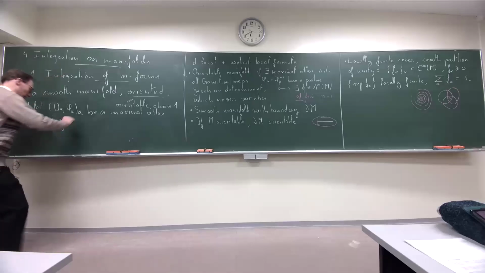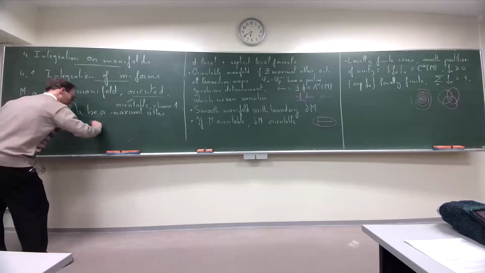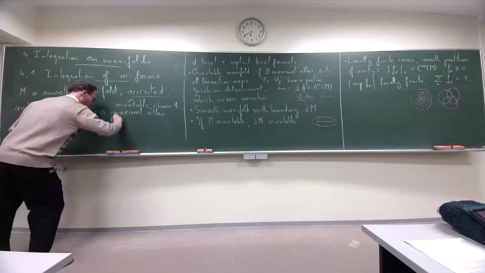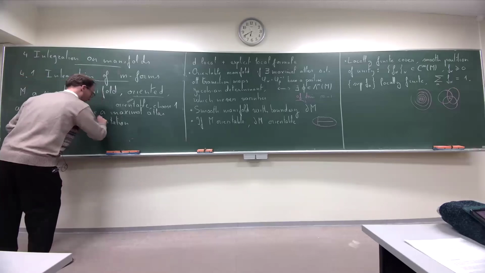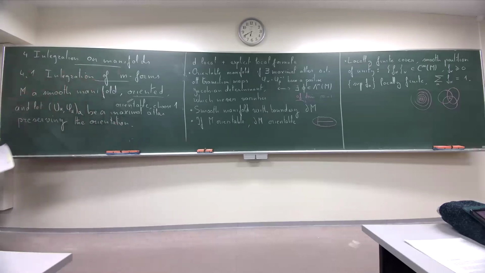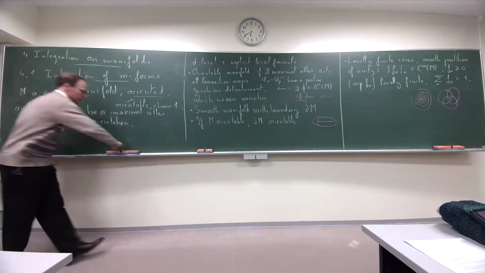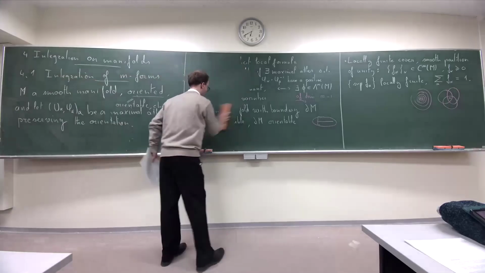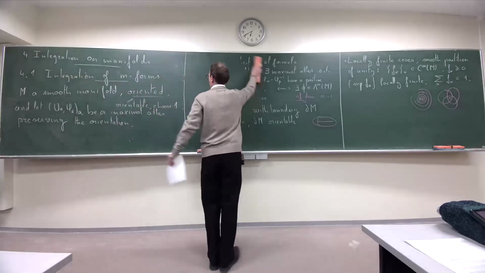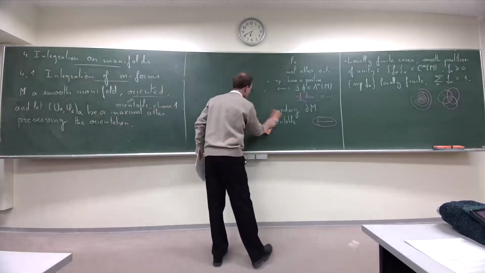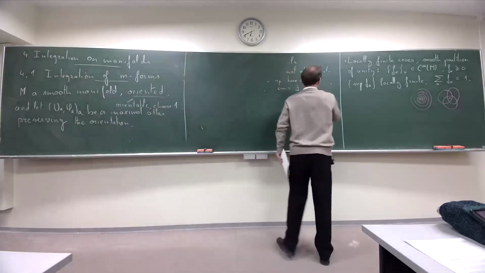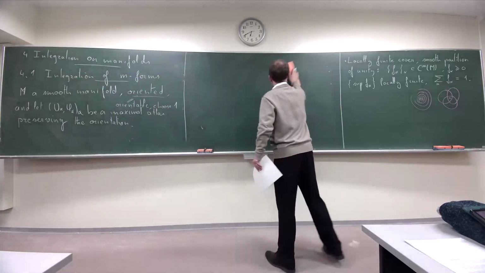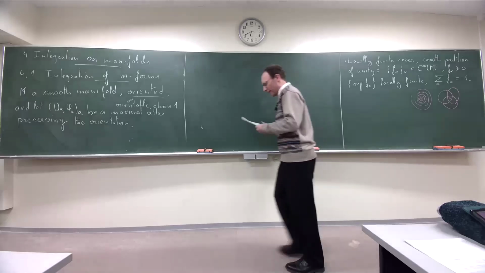Maximal atlas preserving the orientation. And of course, the dimension of M is small m. I'm using this convention. That's why I speak about M forms. In some books, they would speak about N forms simply because they choose to call the dimension N.